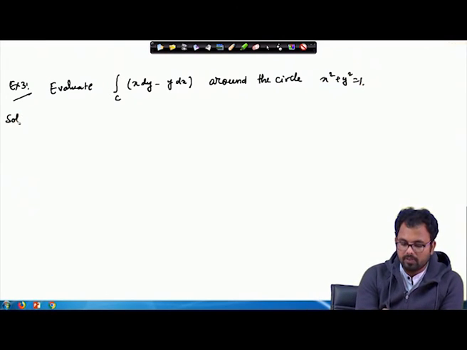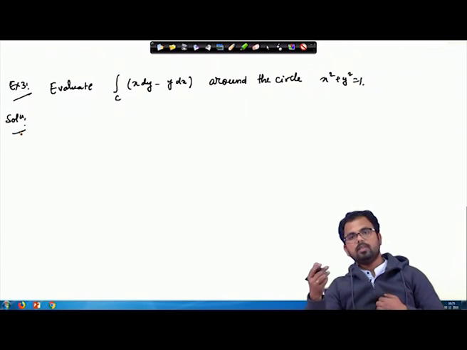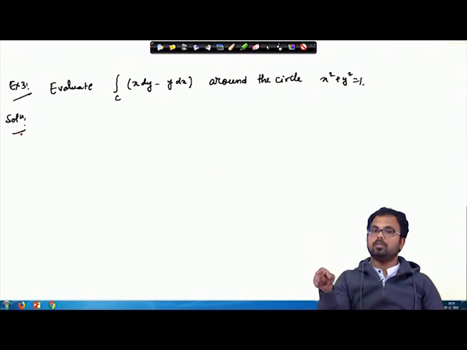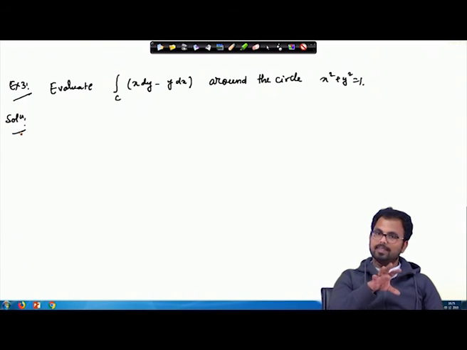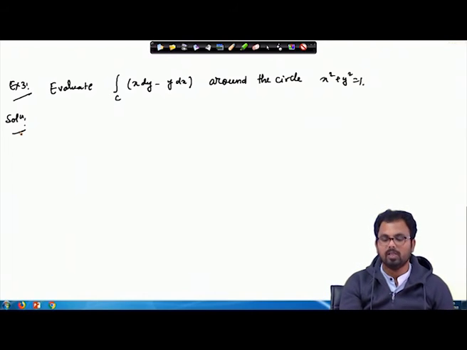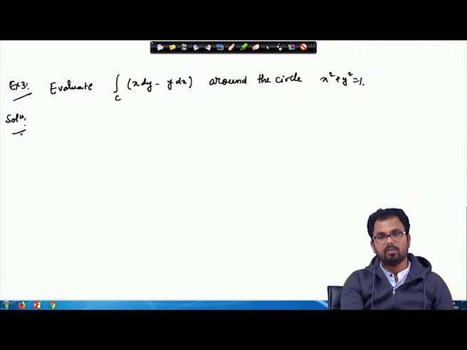So, here the given equation of the curve C is basically a circle x square plus y square equals 1. This circle is a simple closed curve because it is not intersecting itself. So, this is nothing but the circulation of the function f.